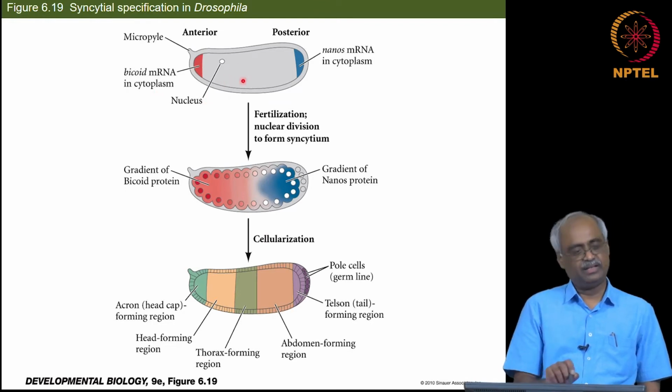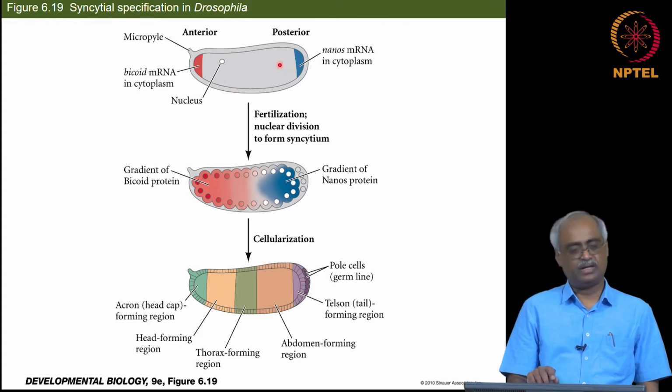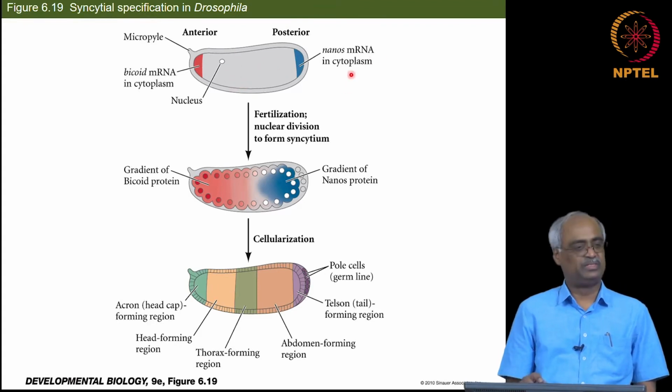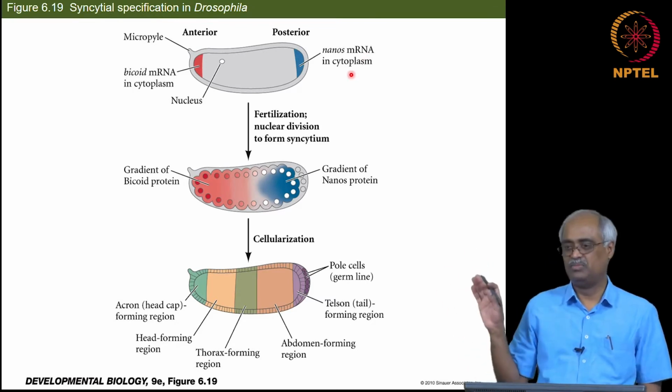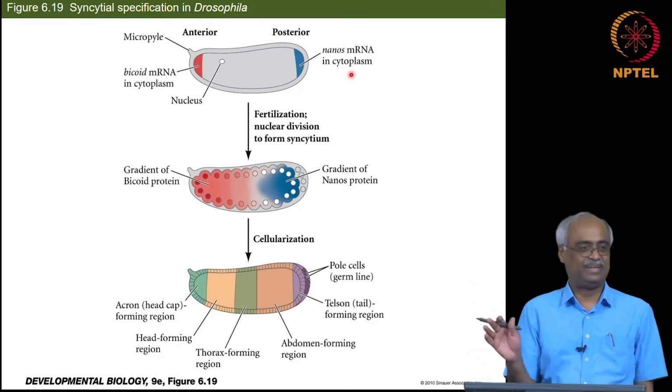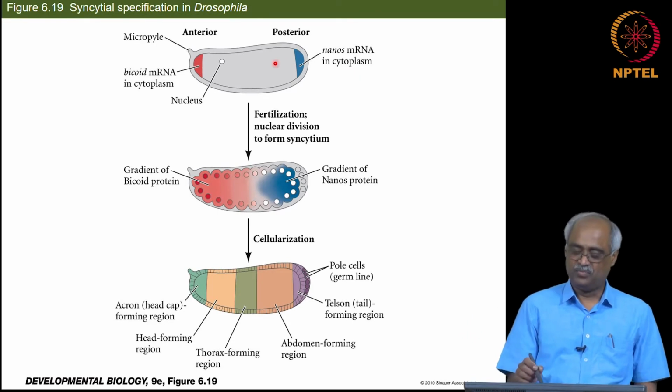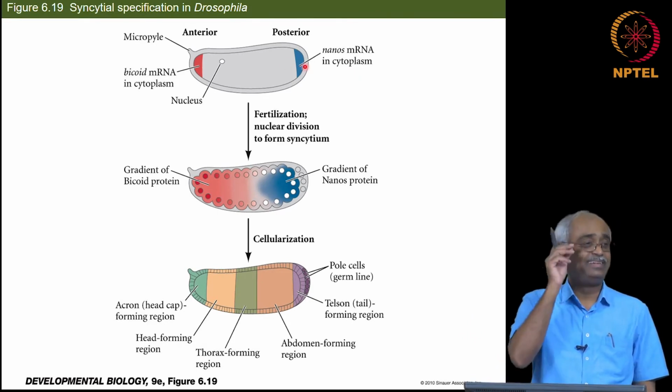So they all enter in the anterior, and the nanos mRNA is not hitching a ride on motors zooming on those microtubules. Instead, it diffuses freely in the cytoplasm, and whatever goes to the posterior, who is already there in the posterior?